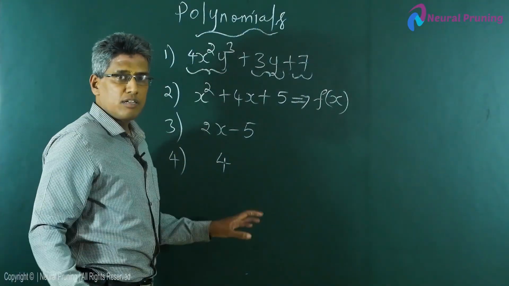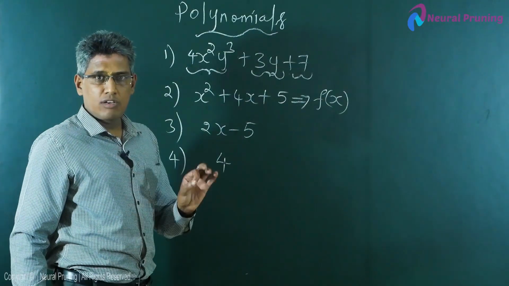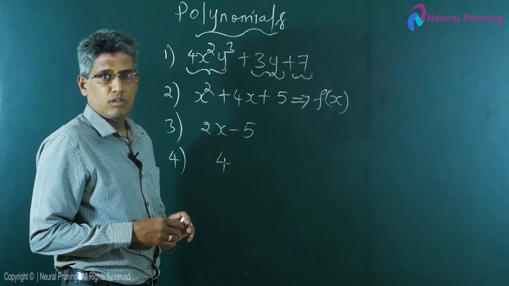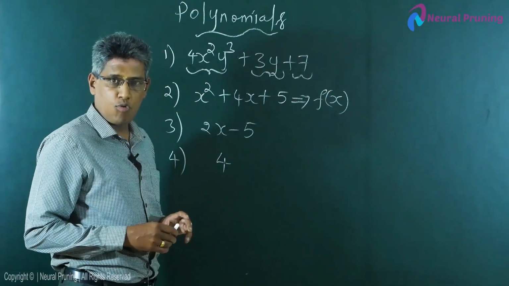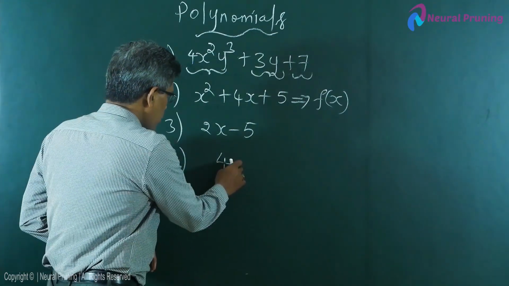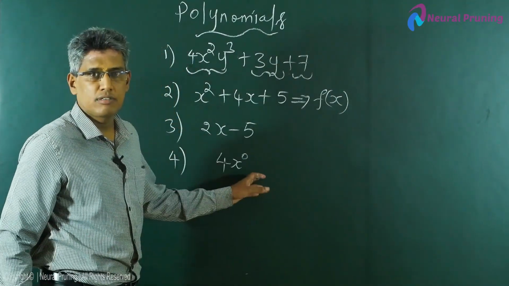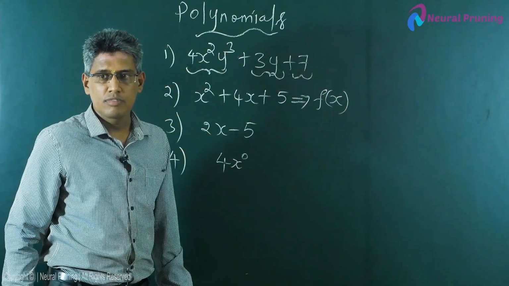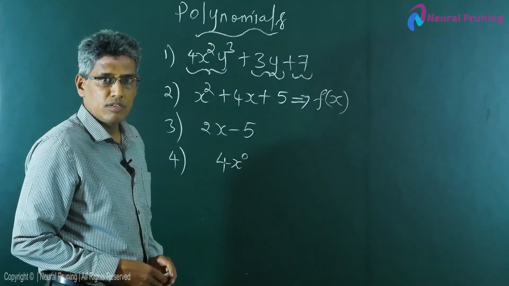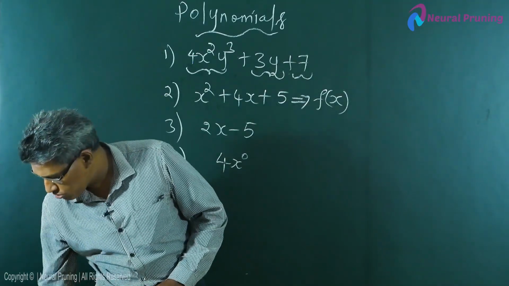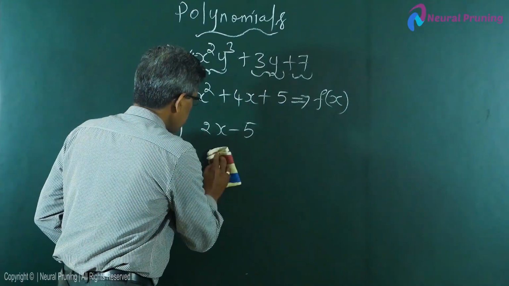And finally we have written a constant term 4. Now this particular number 4, you can also assume that it is multiplied with a constant term. Can we take it like this? You need to think about this.